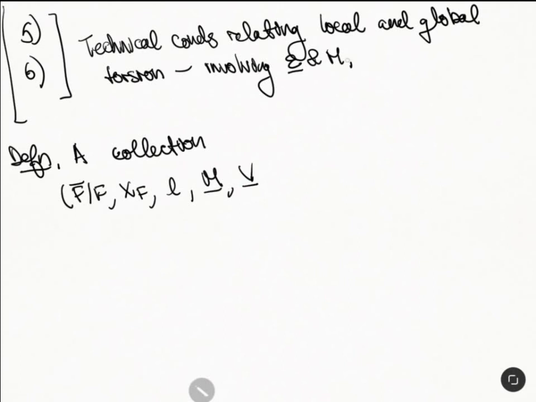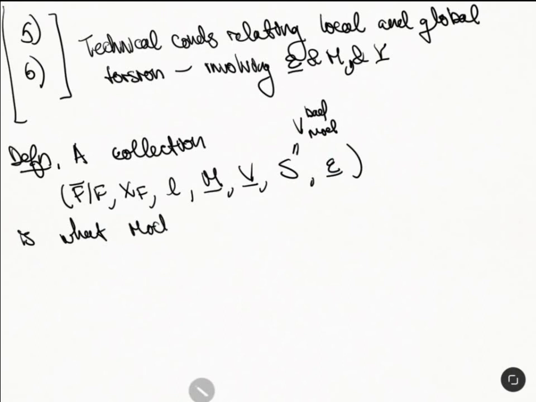Okay, so this involves also V underline. So that was that section there, S, sometimes this thing is called V bad mod, and epsilon. Okay, this thing will be defined up to plus or minus 1, is what Mochizuki calls initial theta data.